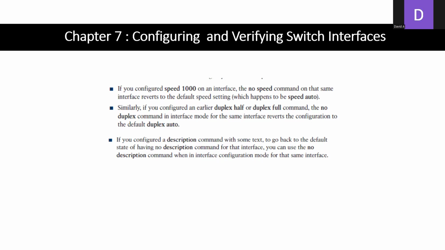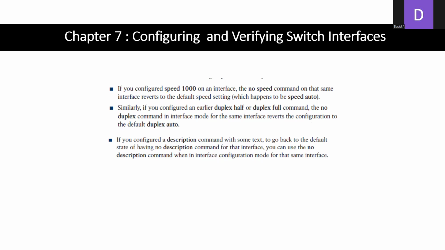With some IOS configuration commands, not all of them, you can revert to the default setting by issuing just a simple no and then the command. Okay. So if I put in the command shutdown, and I want to remove that, I just put no, then the command shutdown.